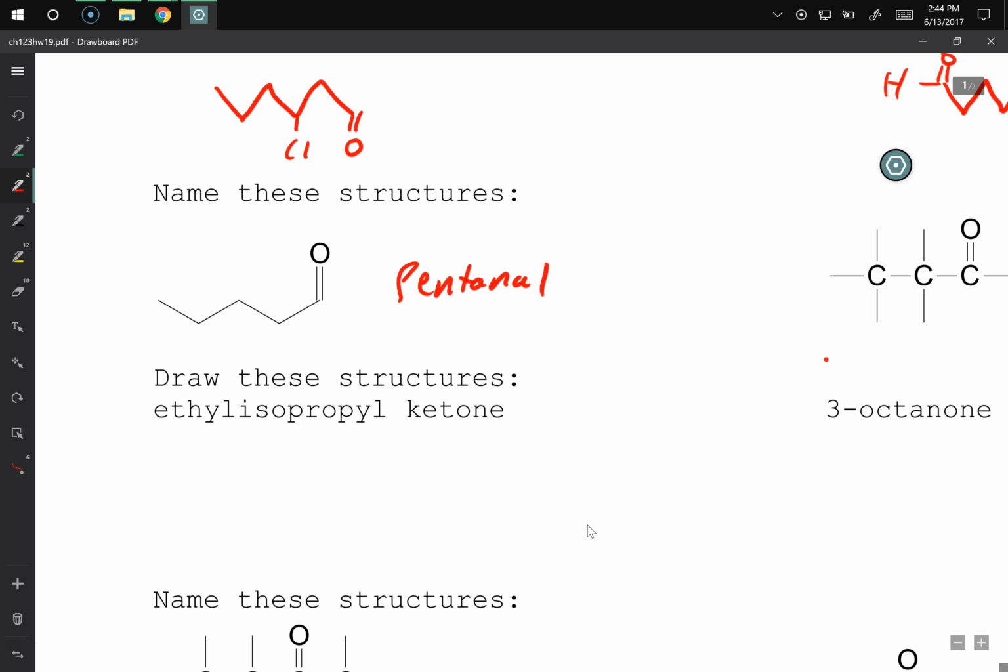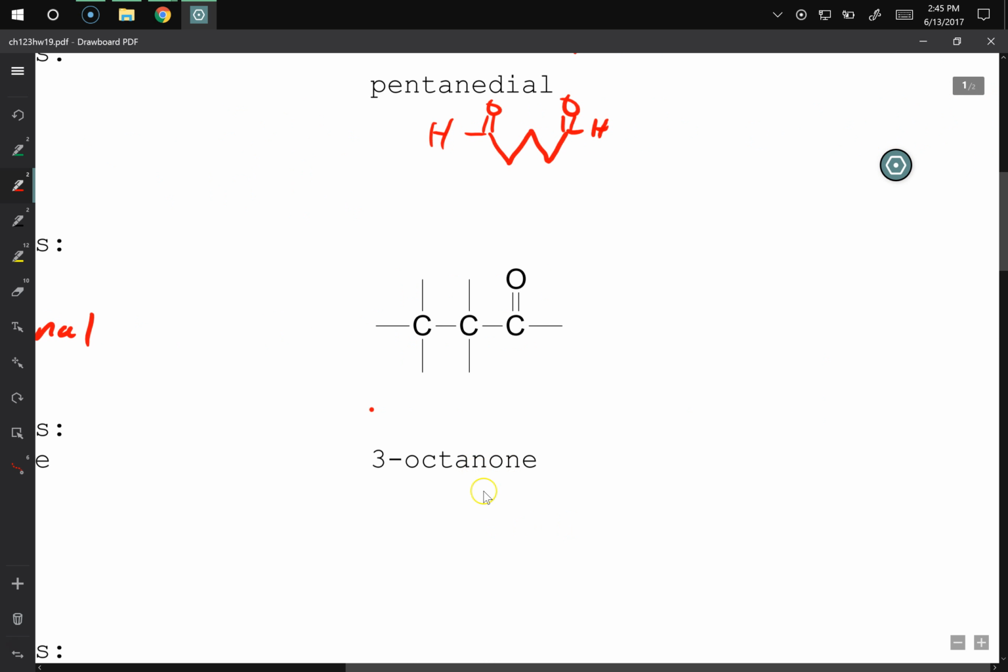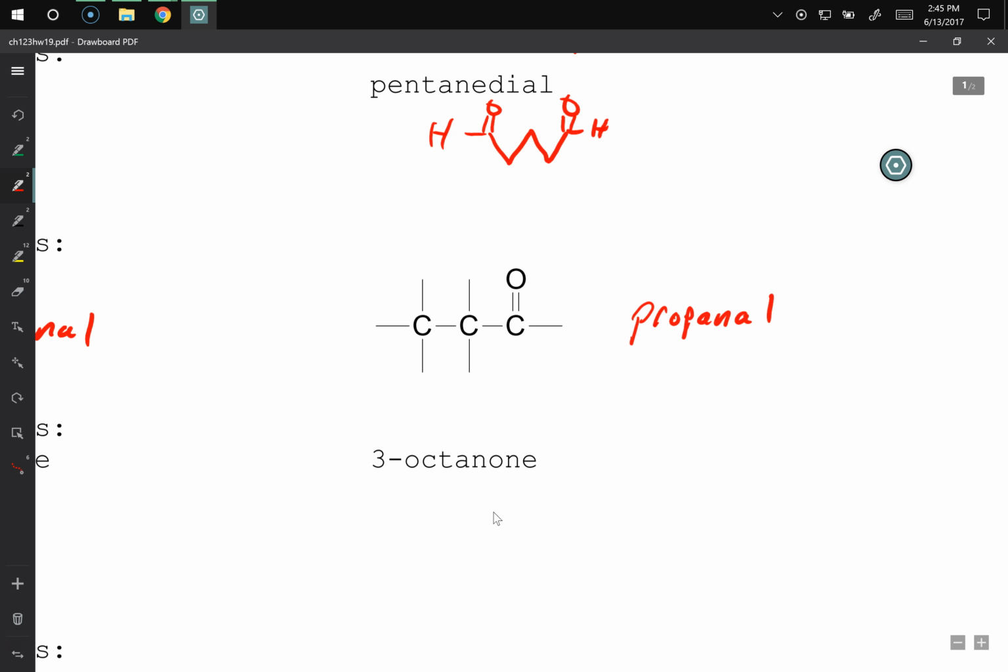How about that? These ones are kind of hard to make hard, right? Because they have to be on an end.